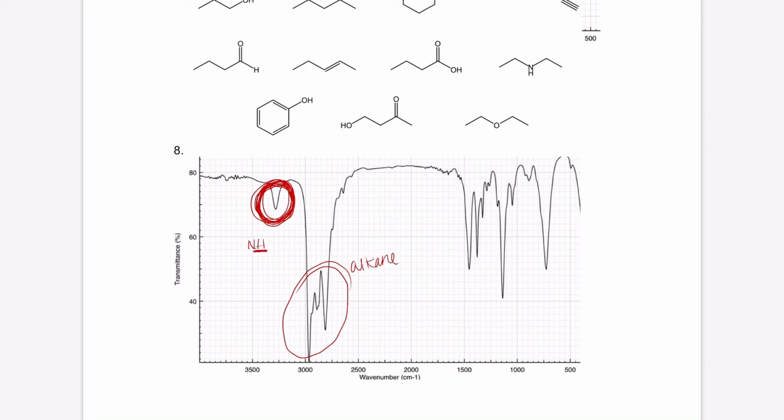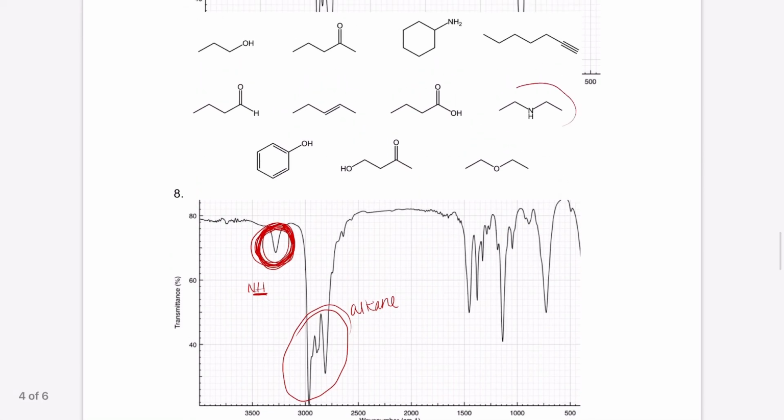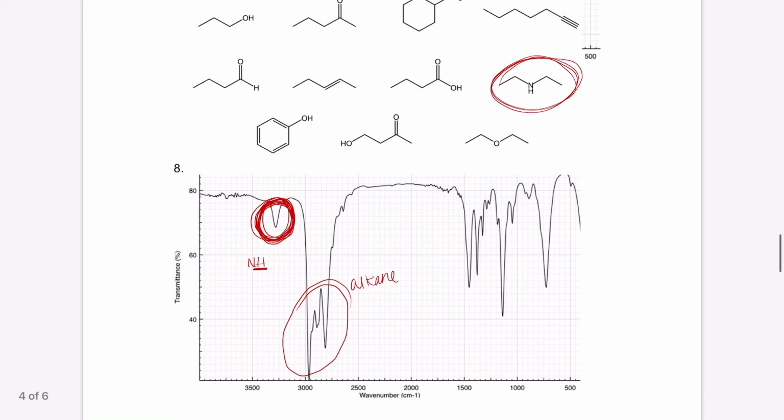That's going to be our one hydrogen. And the only structure that's a secondary amine is right here. And so that is the correct structure that corresponds with this spectrum.